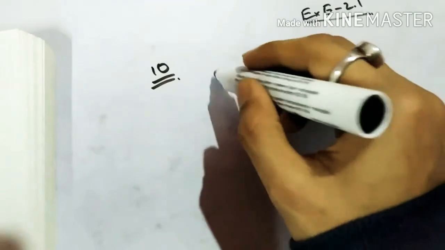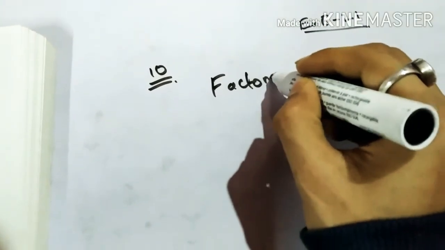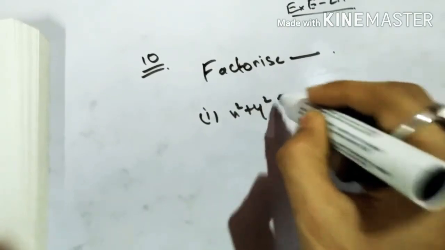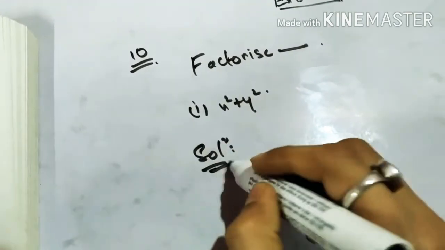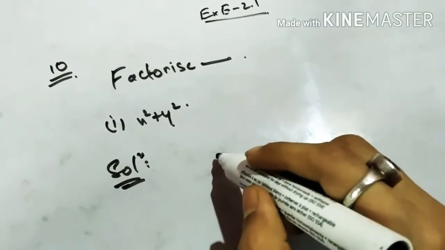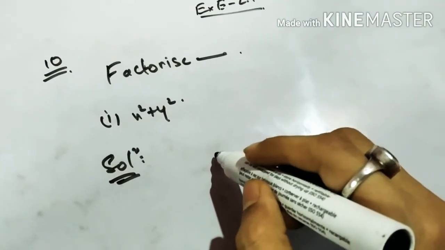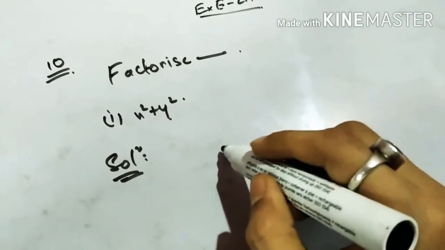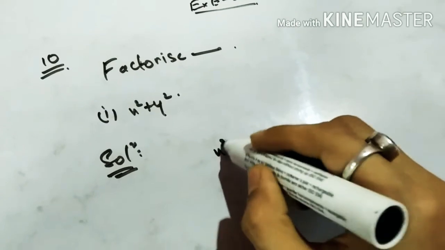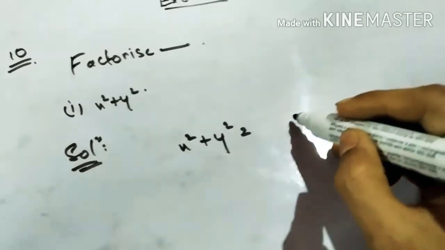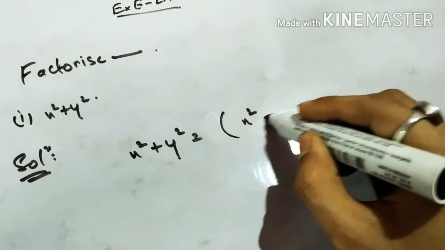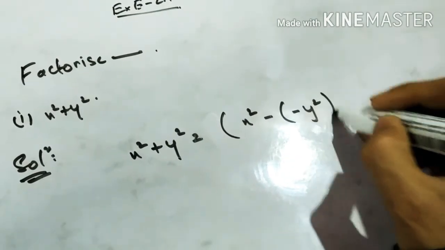Next, type 10, factorize x square plus y square. Solution. So this I can write as x square plus y square. I can write it as x square minus (minus y square).